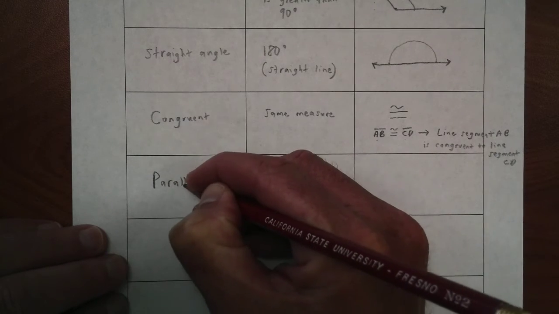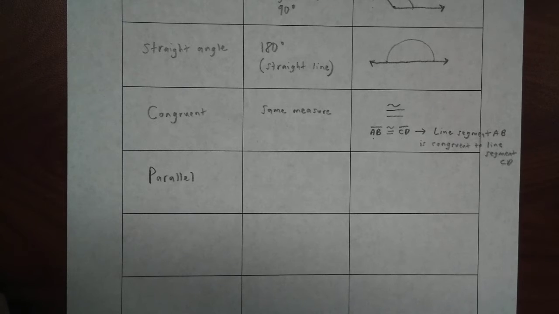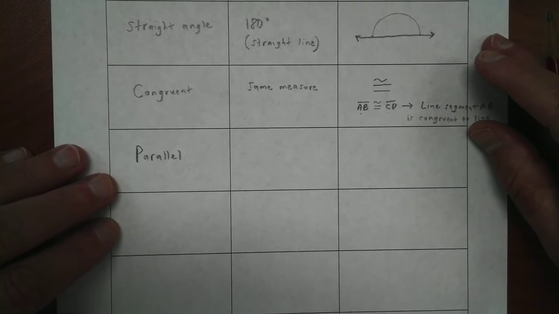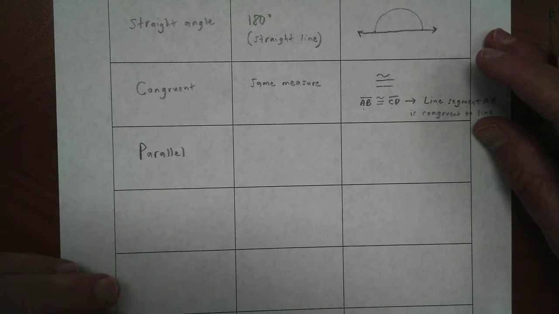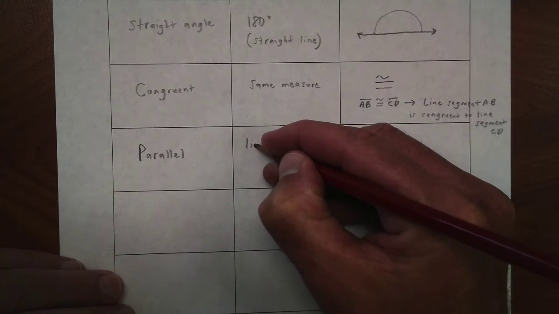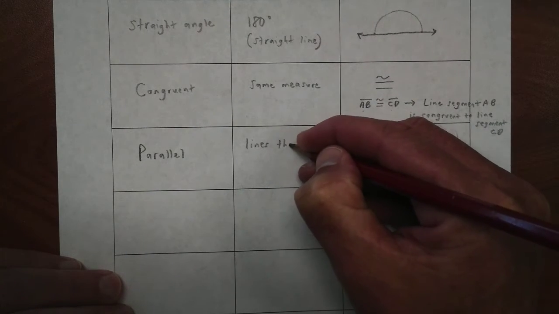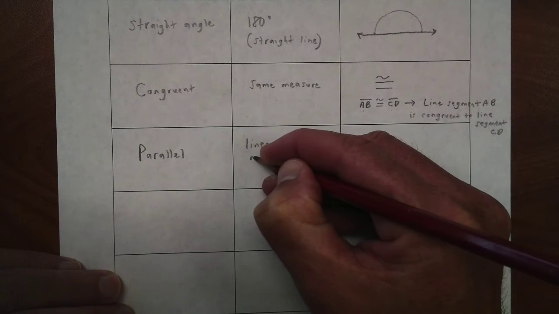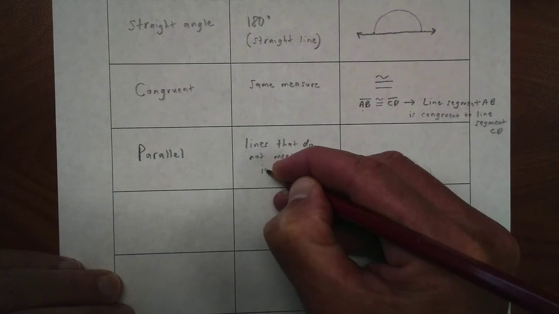The next word is parallel. Perhaps some of you have been trying to drive and you're doing parallel parking. Okay. So when we talk about parallel, we're usually talking about lines. So parallel means lines that do not meet or intersect.